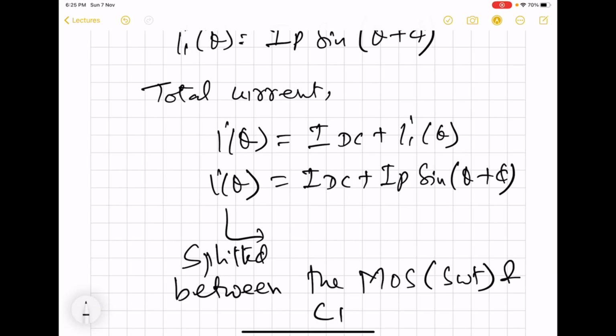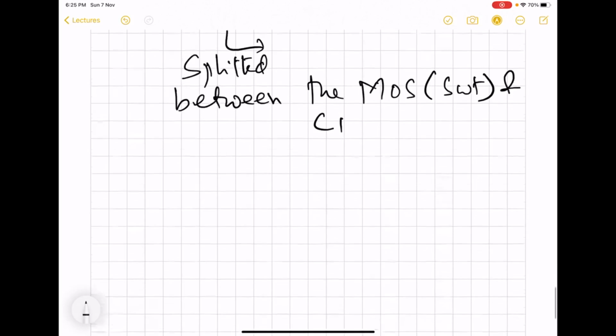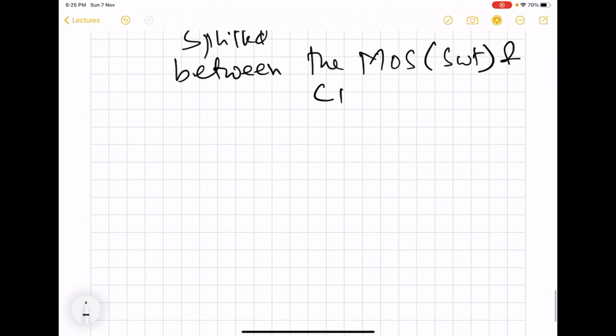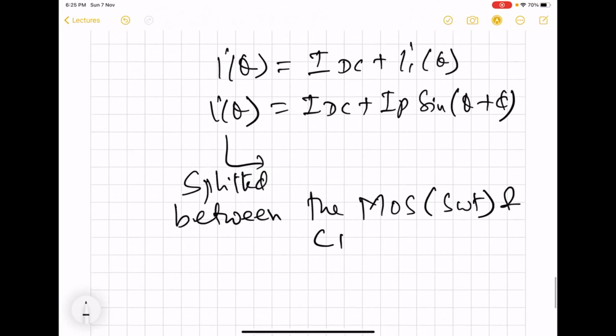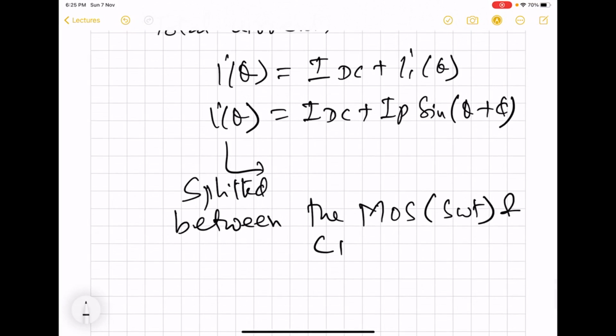A part of this will be flowing through the switch when it is closed, and the other part will be flowing through the capacitor when the switch is open. So that is what is going to happen here. Using this current, we have to find out the voltage waveform, and then we can complete the rest of the analysis.